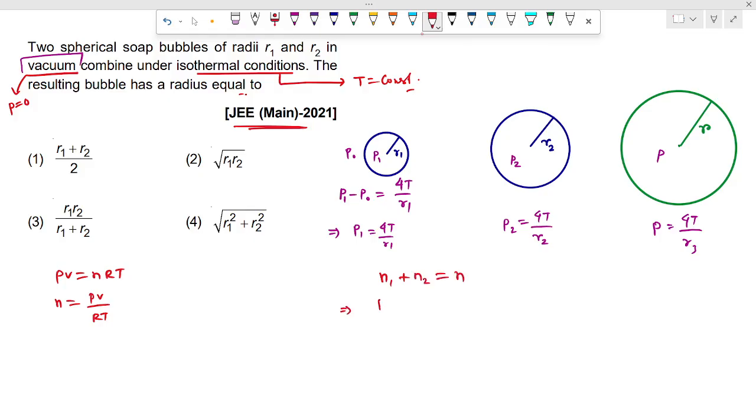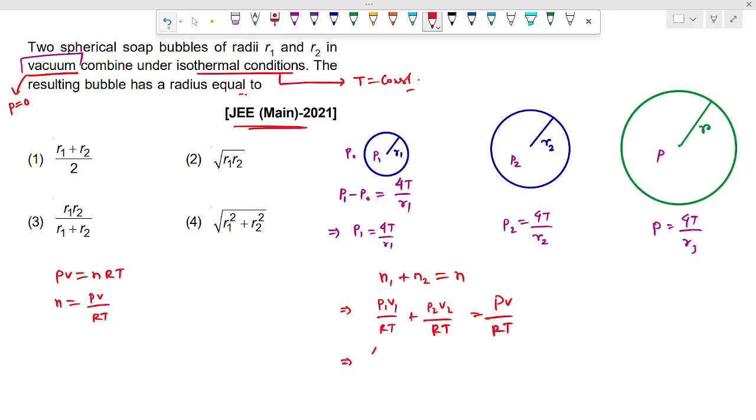So n1 is P1V1 by RT, plus P2V2 by RT, equals PV by RT. Temperature is constant for all of them, so RT will cancel out, leaving P1V1 plus P2V2 equals PV.